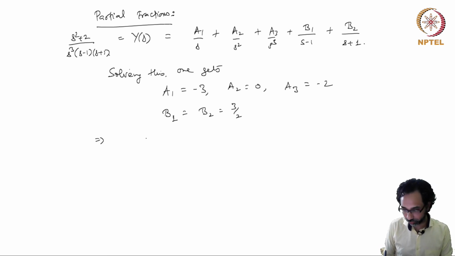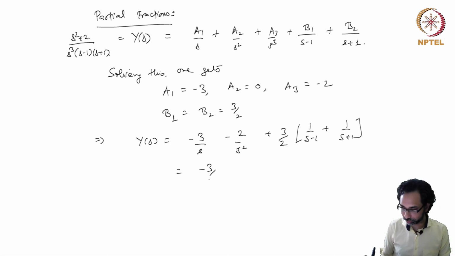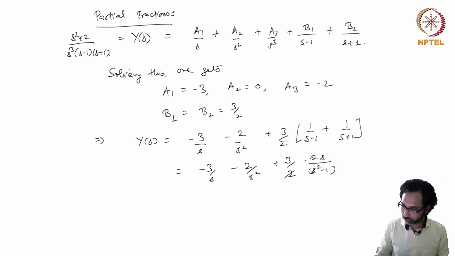So this implies that Y(s) is -3/s - 2/s^2 + 3/2 (1/(s - 1) + 1/(s + 1)). So this is -3/s - 2/s^2 + 3/2 times 2s/(s^2 - 1). The 2 cancels out, so this term is 3s/(s^2 - 1).